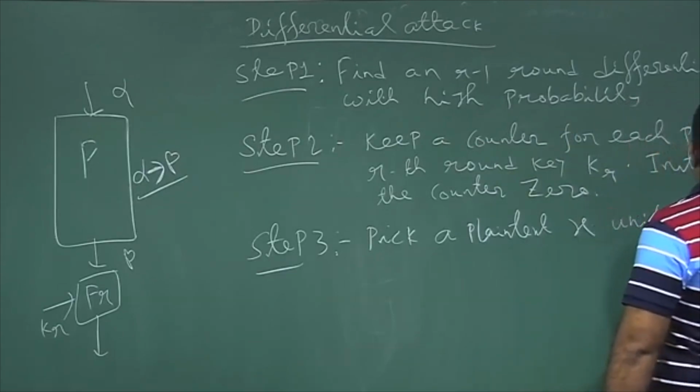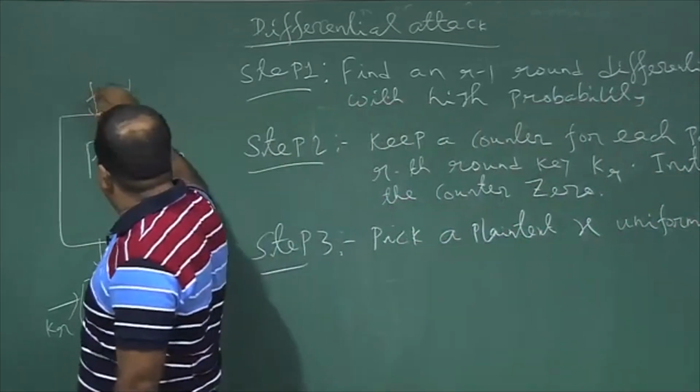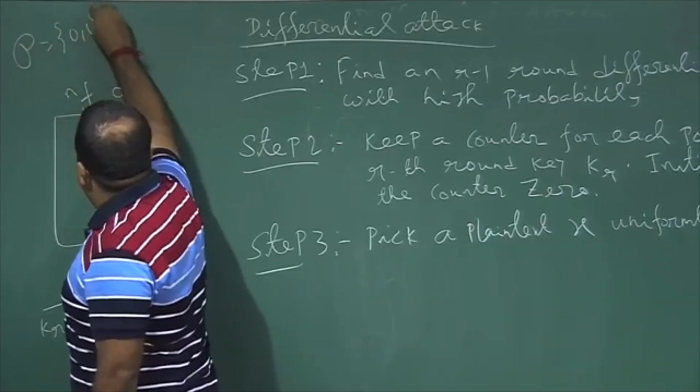If the plaintext is n bit, then the plaintext space is all possible n bit values.